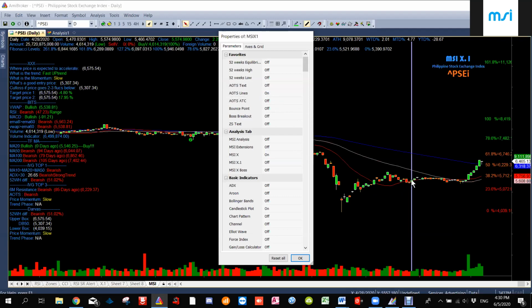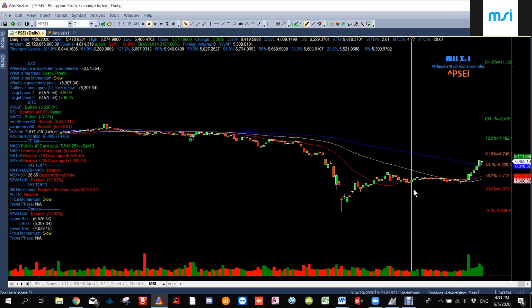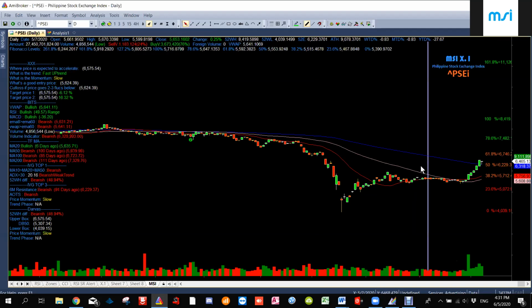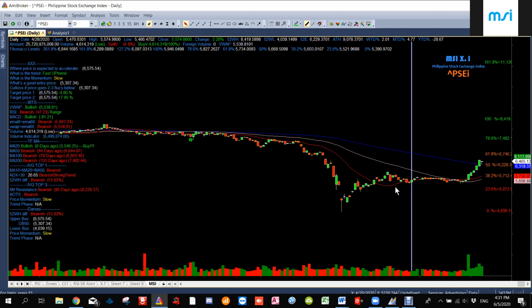Okay, so as you can see here, ayan yung red line, MA20 nag-crossover. So it's a buy signal. Okay, so check natin kung until now, kung meron na bang sell signal in the next days. Okay, so it's still a buy.